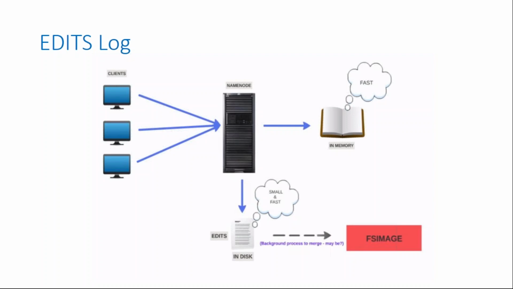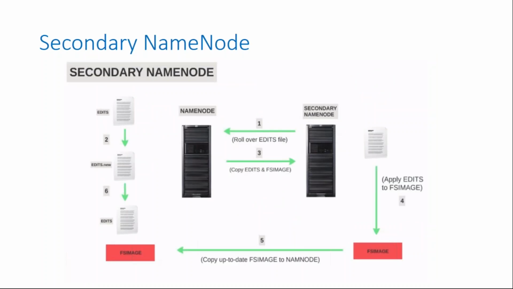So it doesn't have to update the FS image almost every second, because there would be jobs running through. So the edits log holds the few logs, and then periodically, when the time comes, writes them into that FS file.